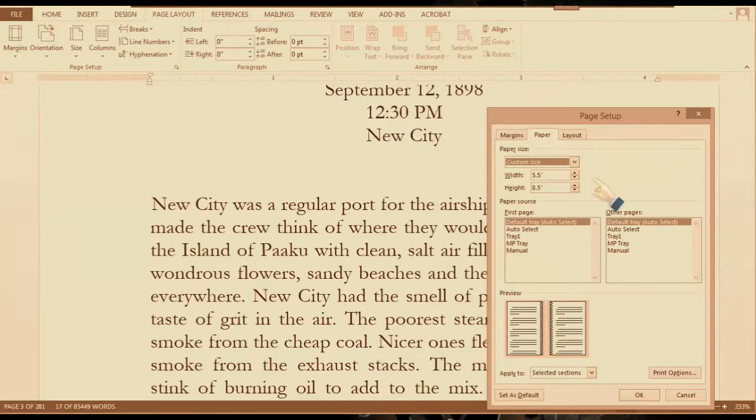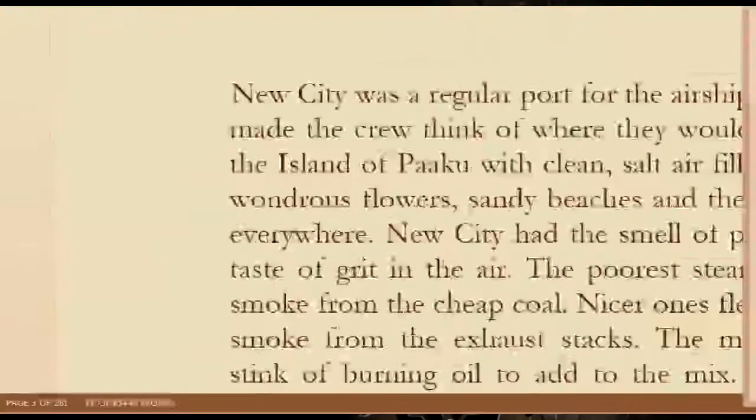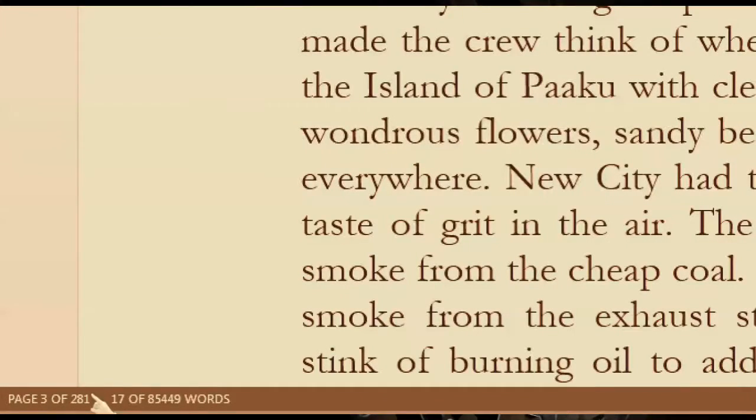So if you set this up as 5.5 by 8.5, as I did, and we look down here at the bottom, it will show me that I have 281 pages.